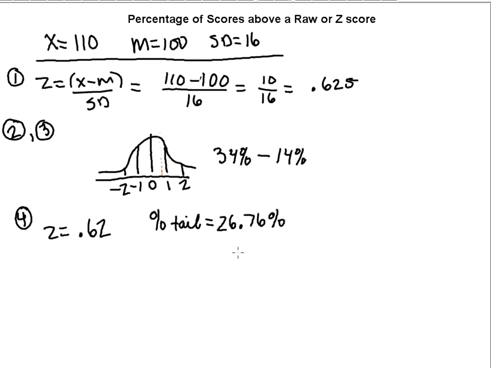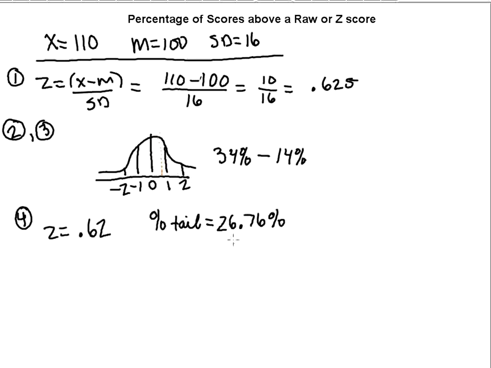So what that means is that 26.76% of all people scored above ours. It's nothing to sneeze at, but you're still within 2 standard deviations, so you're not a genius yet, but you're still better than average.